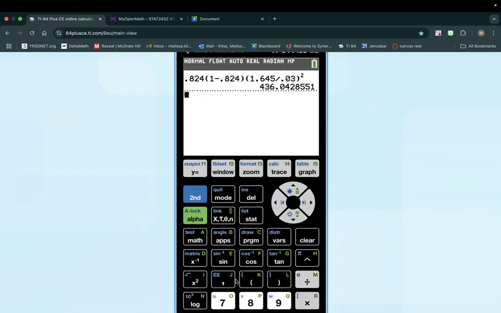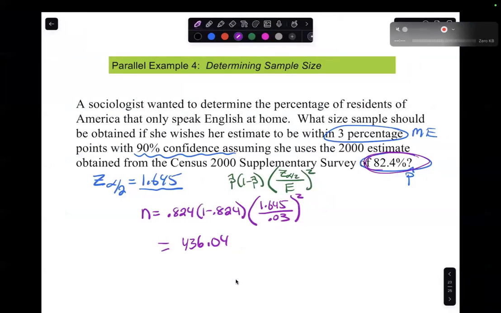That number is so close to 436, but you have to round up. No choice in the matter. We have to round up. Always round up. Give me whole numbers. Always round up. Questions before we move on?